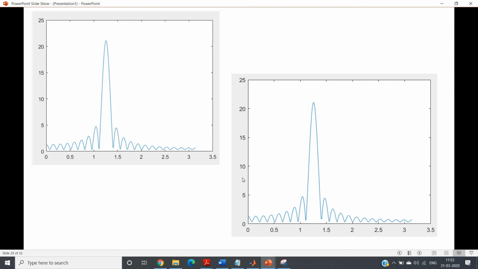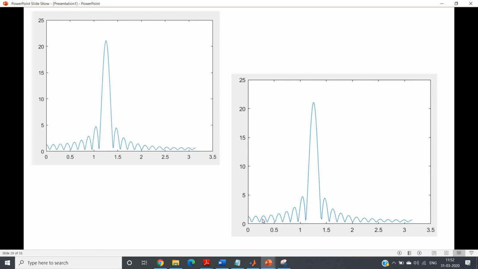Now, a very important concept. Often students misunderstand this. Without zero padding we were not getting side lobes, but with zero padding we are getting side lobes. That means we are getting more information about the signal after zero padding? No, not at all. This is a wrong concept. Understand it very clearly.